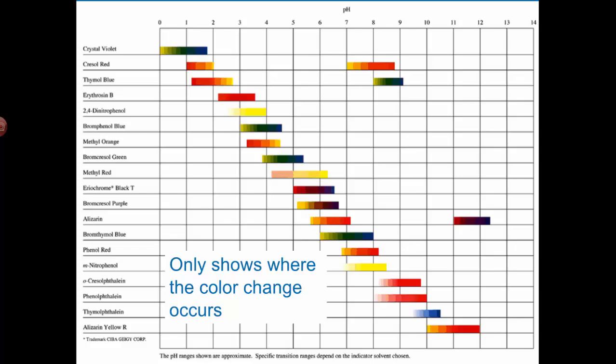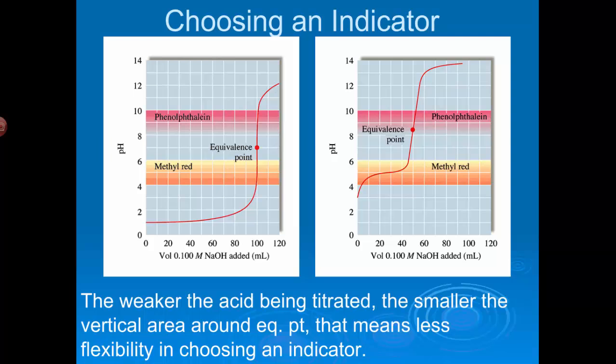So here's a list of some common indicators and the pH at which their color change actually occurs. And we can use this to answer some basic questions about which might be a good indicator to choose. So, for example, if you are going to use a sodium hydroxide acid-base titration, and you see that your equivalence point is somewhere around 7, we've got two possible indicators that you might want to use.